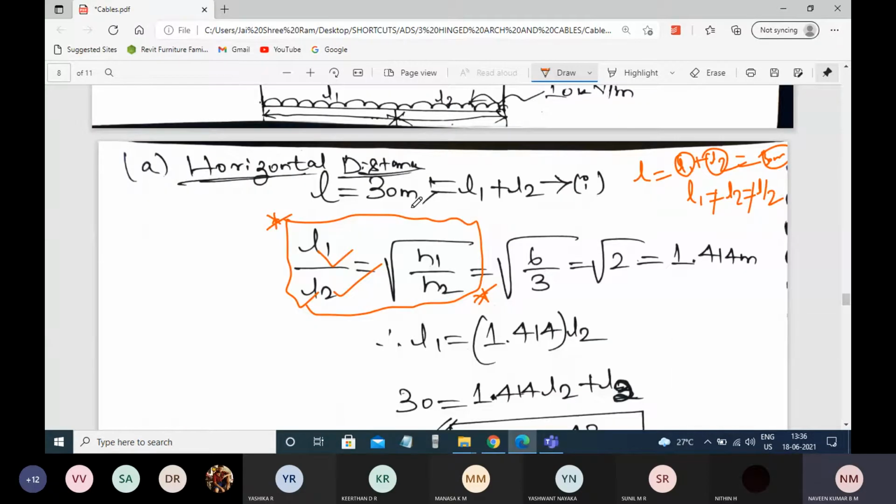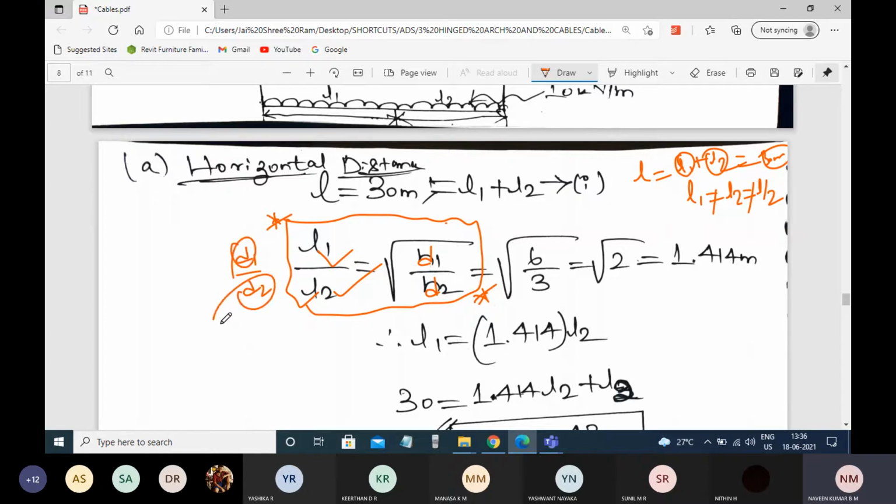So here H1 and H2 is nothing but D1 and D2. H1 is used in case of parabolic arches, but here we need to consider the dip. So let me change this H1 to D1 and D2.